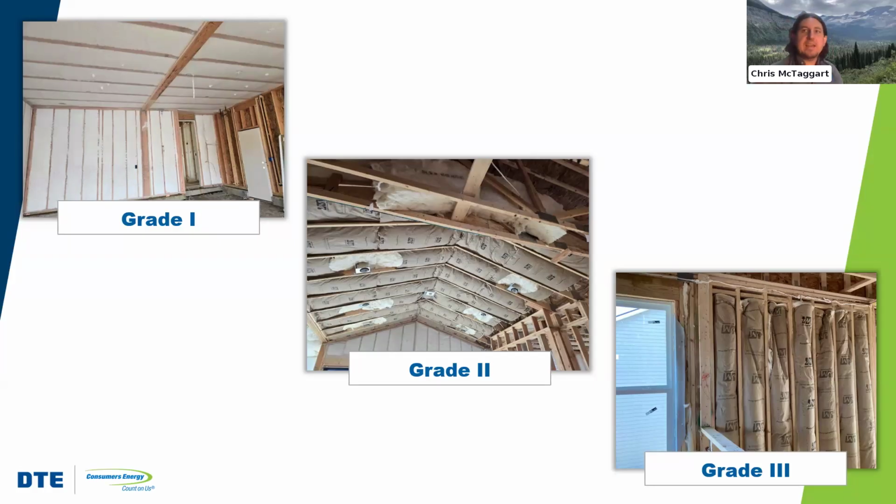But otherwise, I'd say that it's by and large going to fill that cavity fully. And then we got grade 3, we got bats that are installed that are rounded shoulders. Insulation is going to be substantially not in contact, and they're not cut to fit all the way to the top. They're a little bit short. And so that's what makes this a grade 3 over here on the far right.